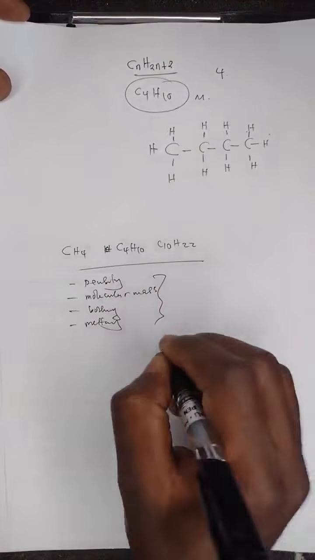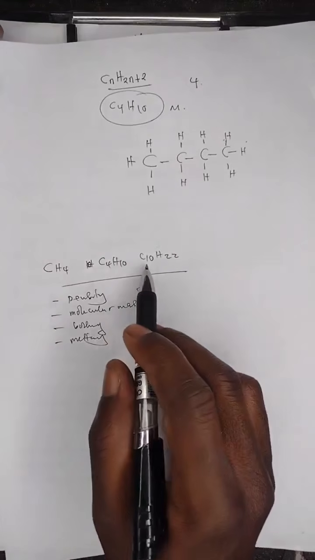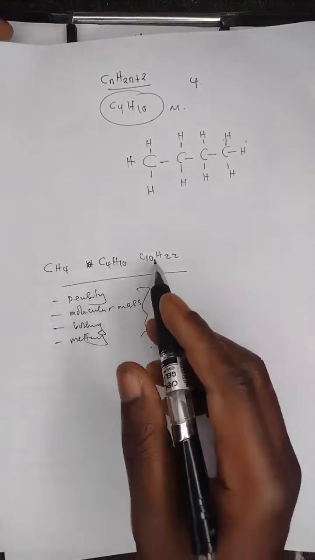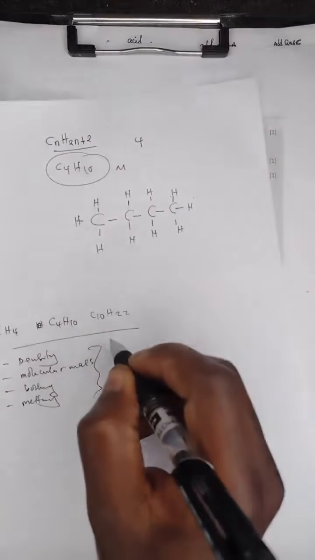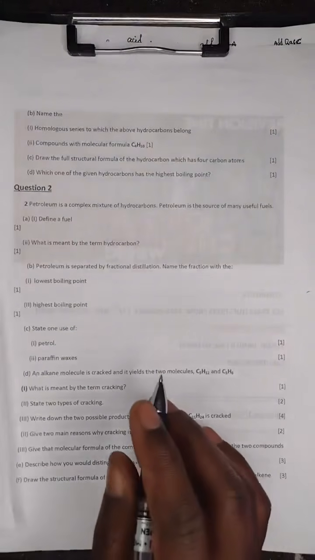All these increase as the number of carbon increases. So we are looking at the one that has a lot of carbons, and that is the one that has the highest boiling point. So here on D, you just put this one.